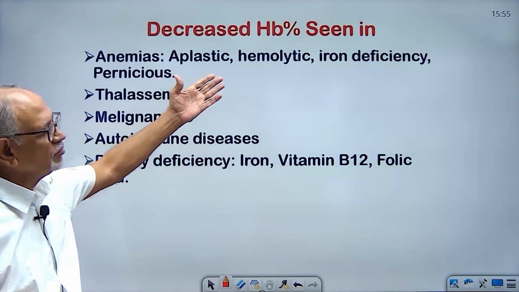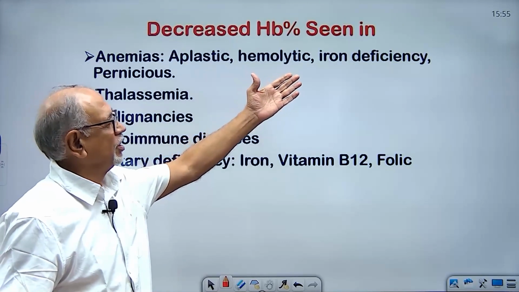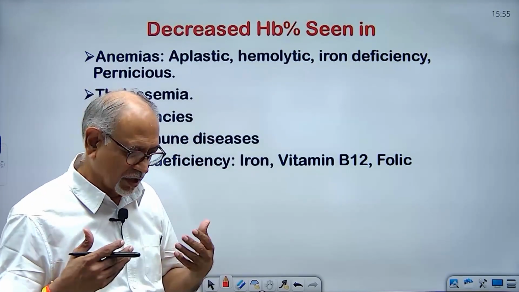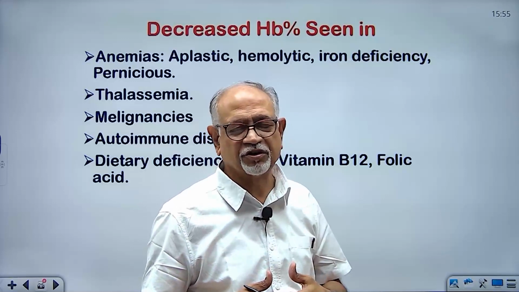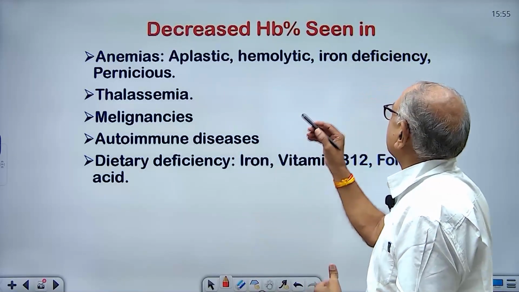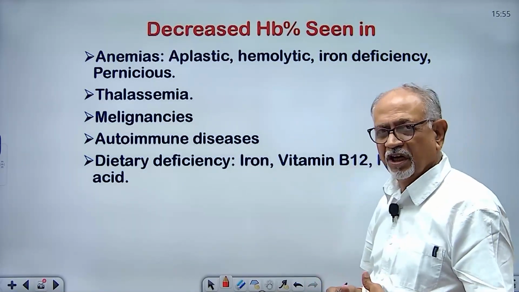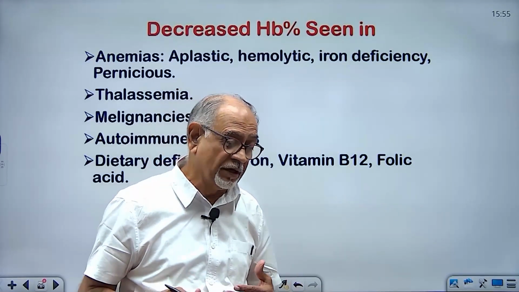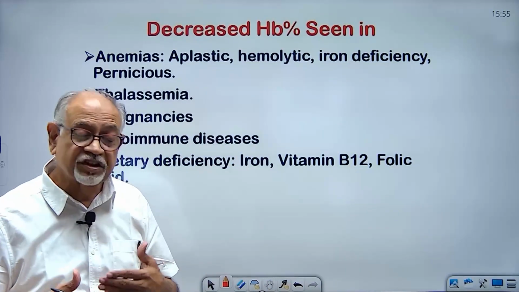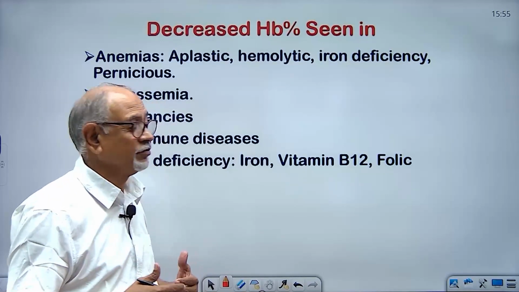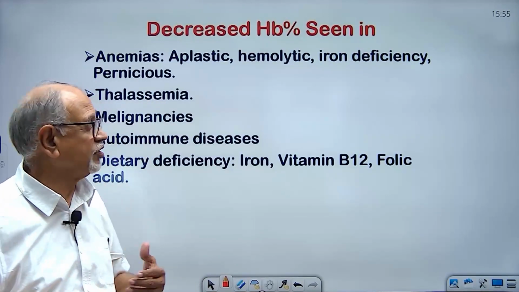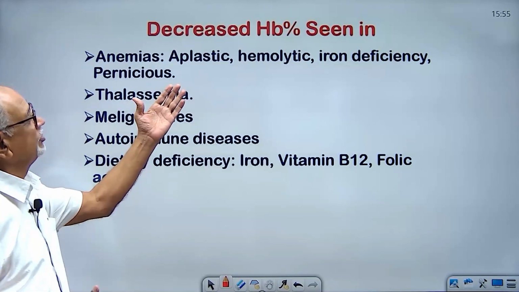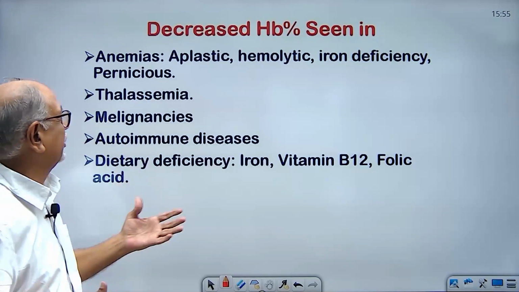In hemolytic anemia, when the blood cells are destroyed, in iron deficiency anemia and pernicious anemia, when hemoglobin synthesis does not occur properly due to deficiency of iron, in those cases the hemoglobin percentage decreases.